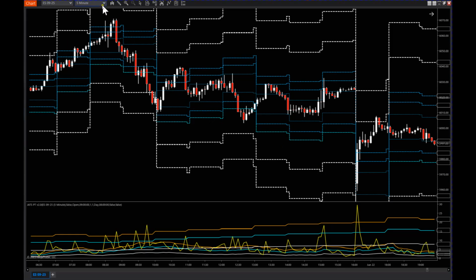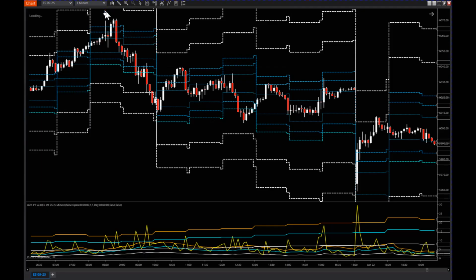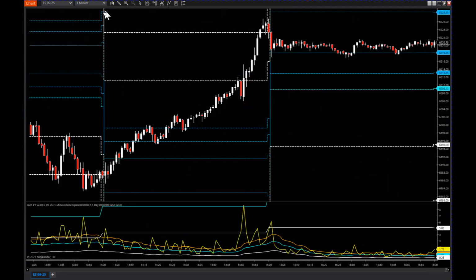And let me show you what that looks like. So you can take the 1 minute break here and then set your stop, and trade to these targets.